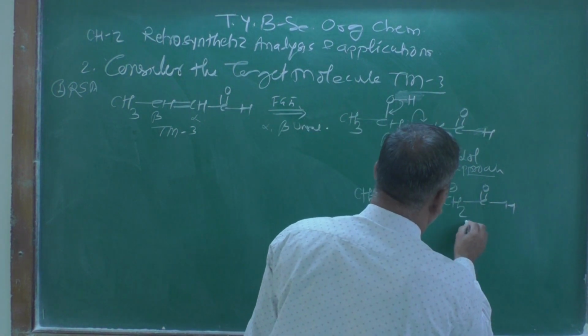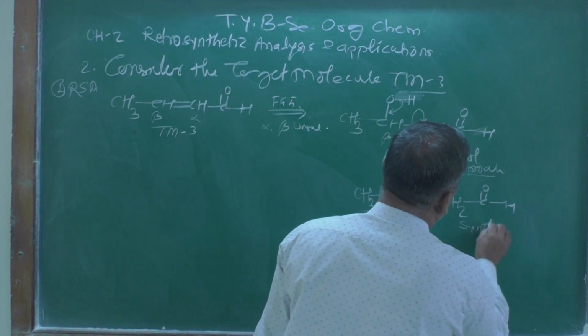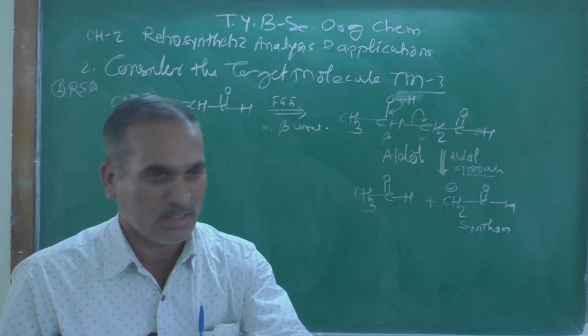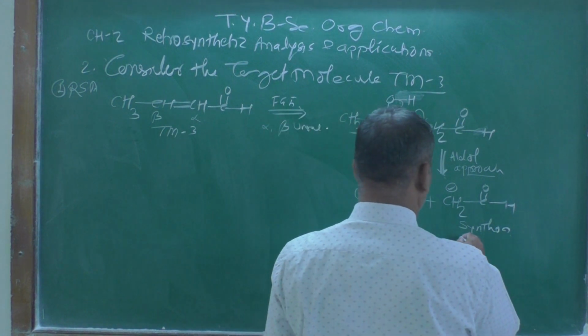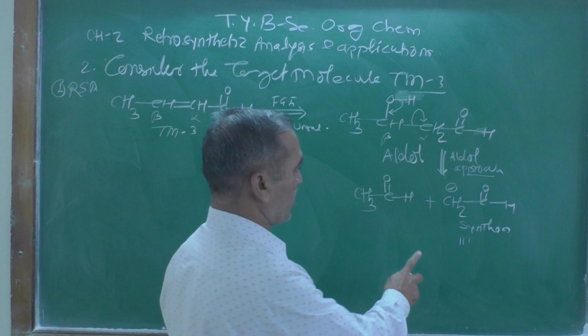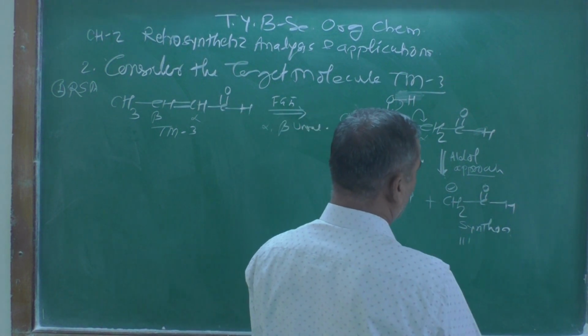Here is a negative charge, we can call it a synthon, right? Every synthon has a synthetic equivalent, and they are represented by this type of three lines.